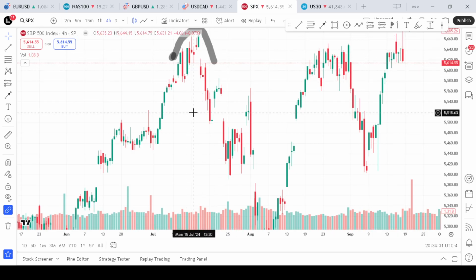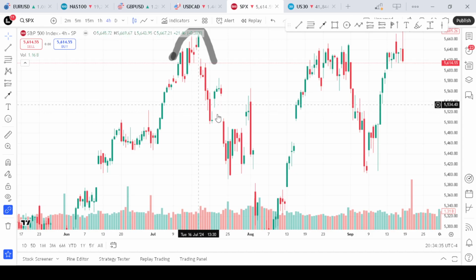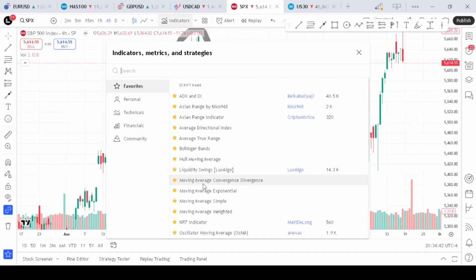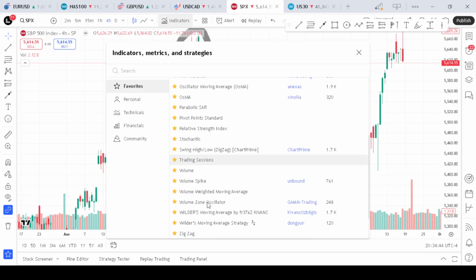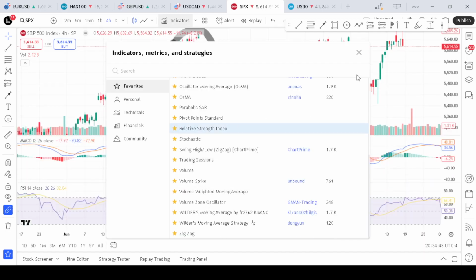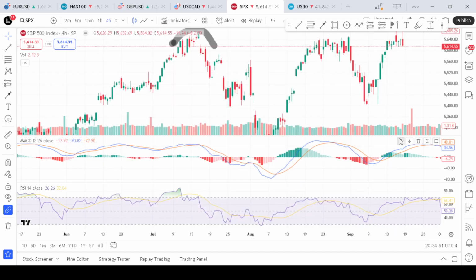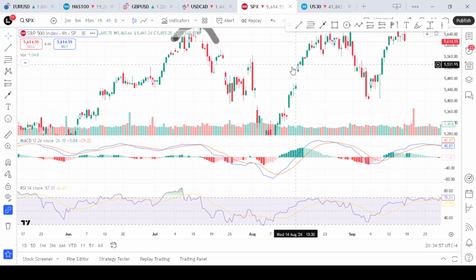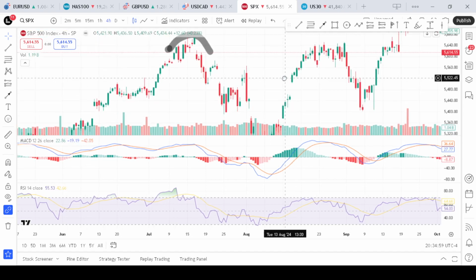In addition to the volume analysis, you can use technical indicators such as the RSI and the MACD to confirm overbought and oversold conditions in the market before a reversal. These indicators can provide additional confidence when identifying a dumpling top.